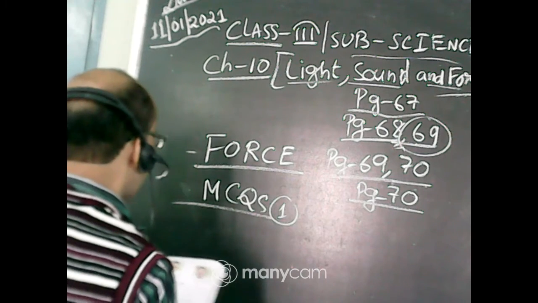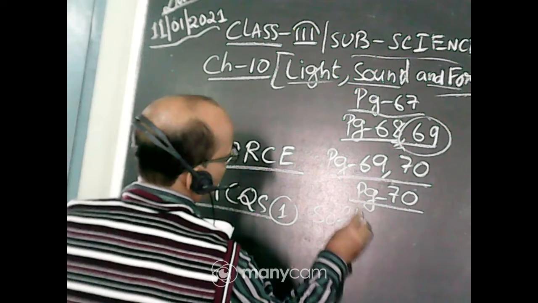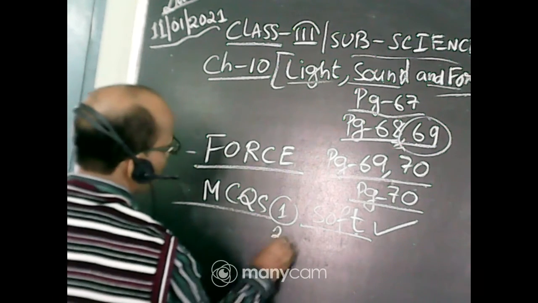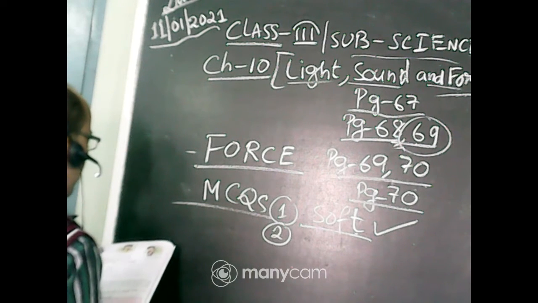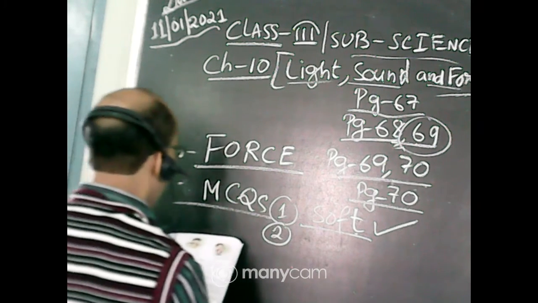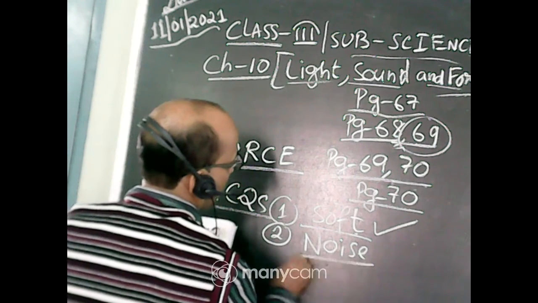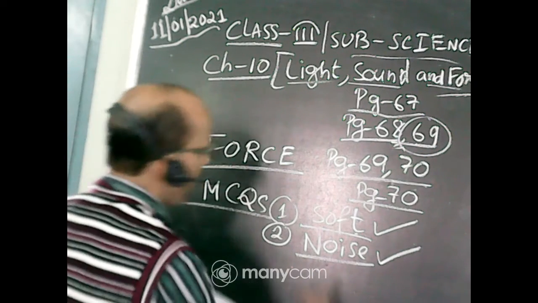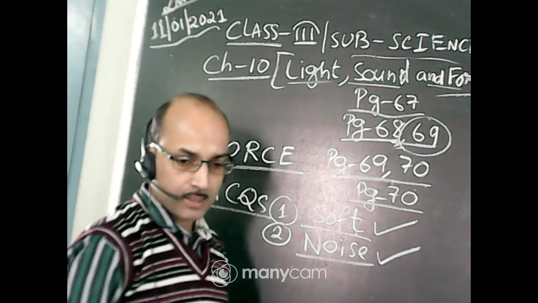We like dash sound. We like soft sound. Tick mark soft. Number 2, a loud and unpleasant sound is called noise. So number 1 is soft, and number 2 is noise.